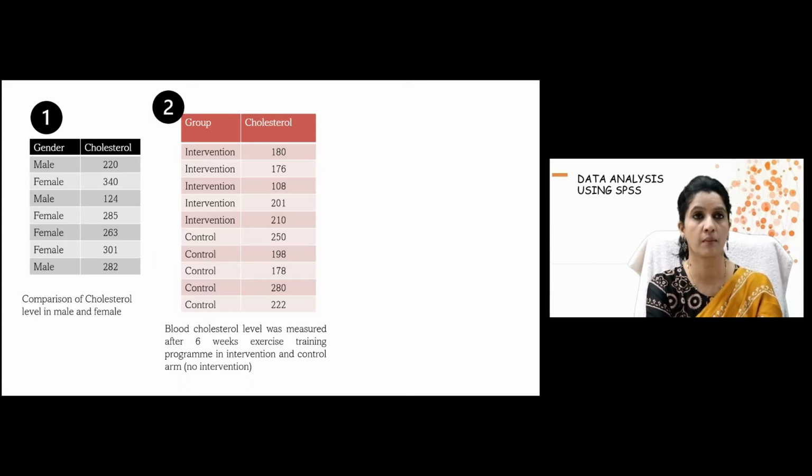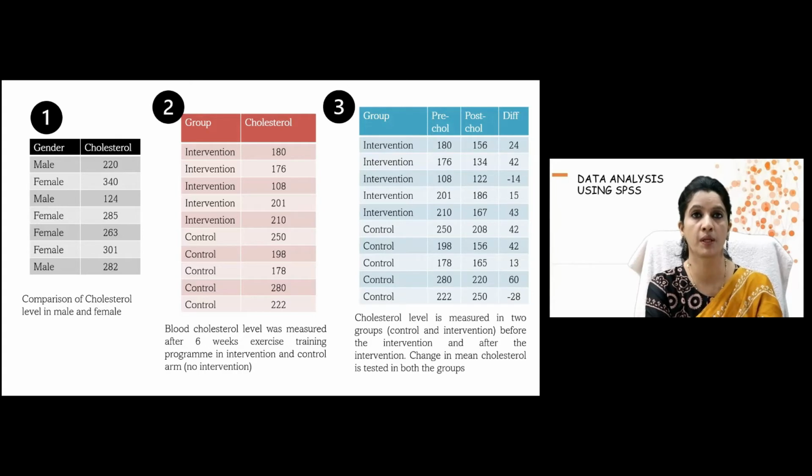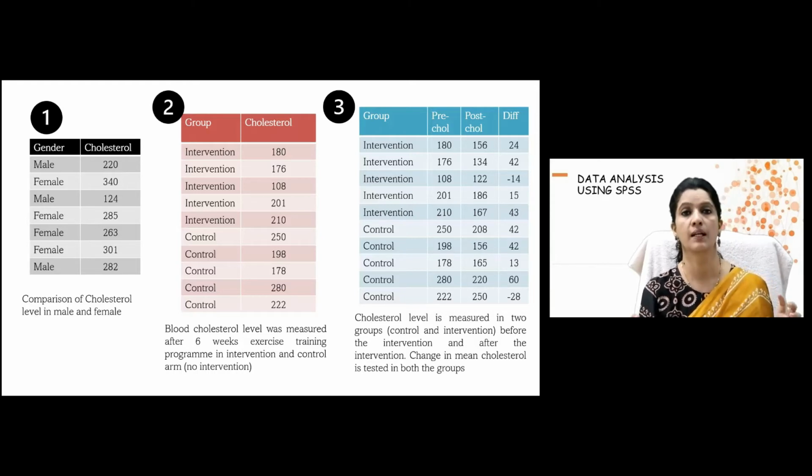Between these two arms, you can check the mean level of cholesterol, or if there are two groups and in both you are performing a pre-cholesterol and a post-cholesterol value after some intervention, and that difference is there with you, you can calculate the mean difference in both the groups. Like you can take the mean of these values, the differences 24, 42, 14, 15 and 43. This will be one mean, and the second mean could be 42, 42, 13, 60 and 28. This would be the second mean of the difference. So you can test the mean difference also between the two groups.